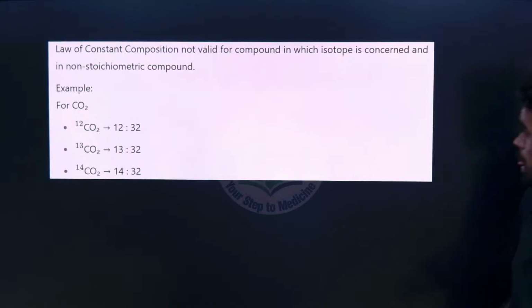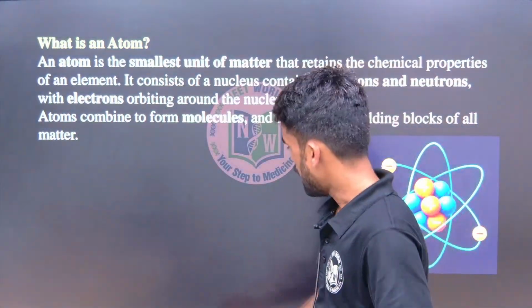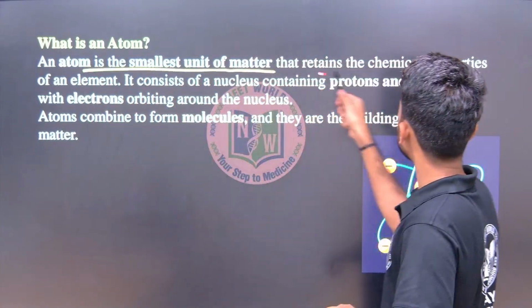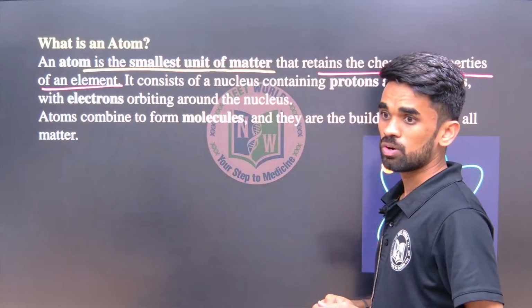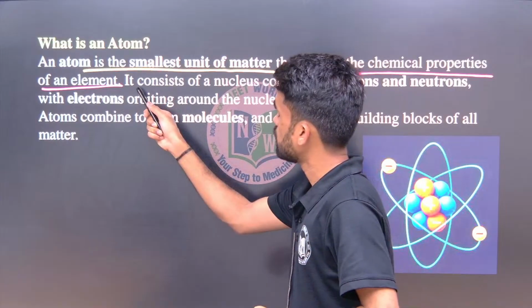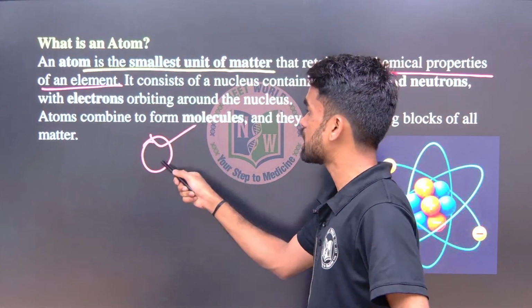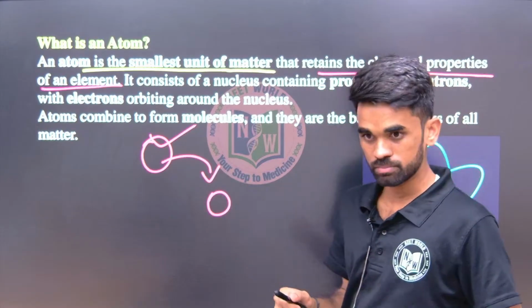So now here we will be discussing what exactly an atom is. An atom is the smallest unit of matter that retains the chemical properties of an element. So if I say the carbon element, the properties of carbon can be completely studied by analyzing a carbon atom.